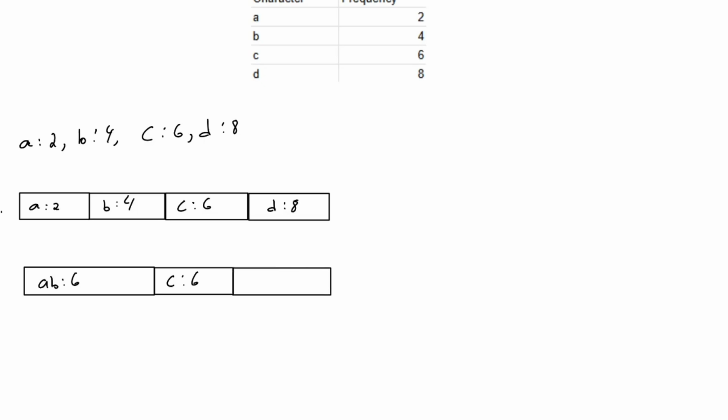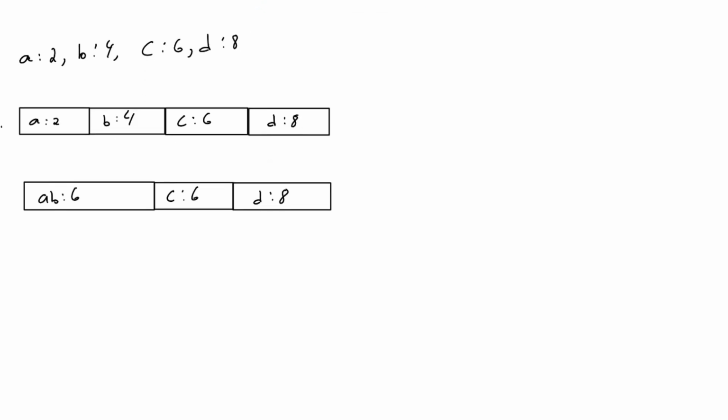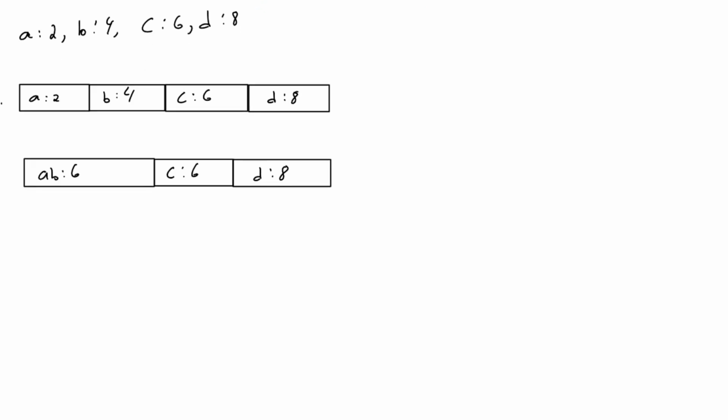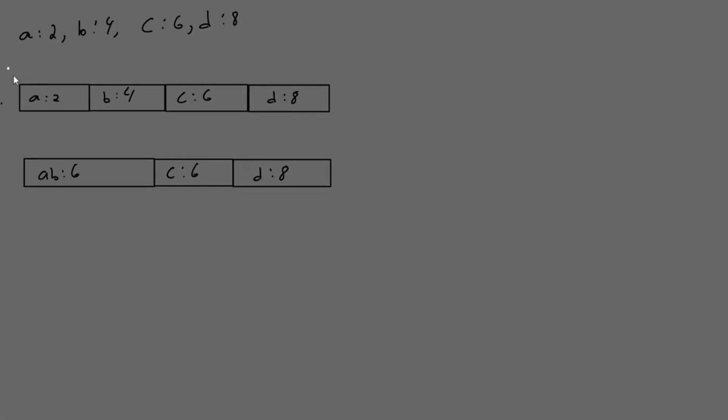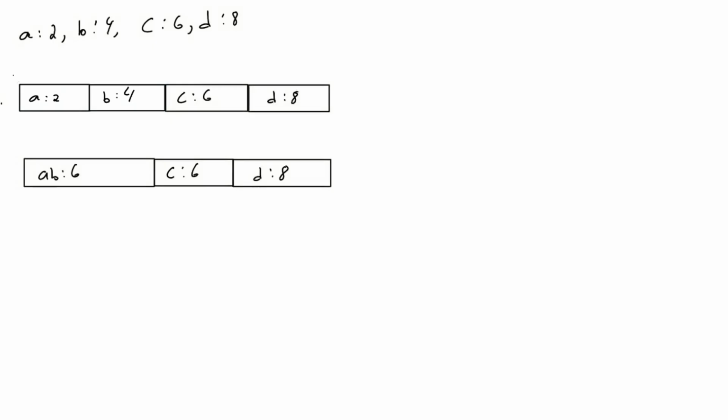The reason I didn't move AB past C is that it doesn't really matter in this case. They're both the same, 6 and 6, so I'm not going to worry about it too much. But as I'm building my tree, I want to show my work. So I'm going to take a screenshot of this and paste it in here.